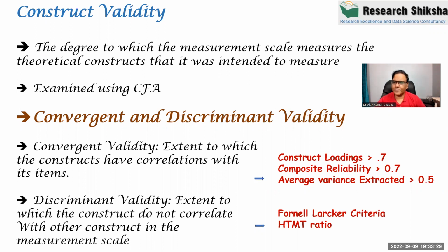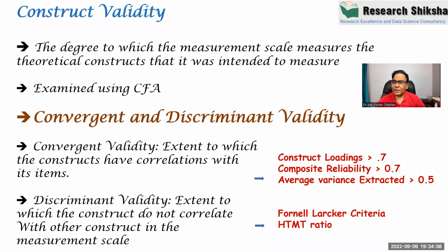So you cannot discriminate. So discriminate means whether your respondent is able to distinguish between construct A and construct B or construct C. So whether the respondents are able to discriminate the different constructs. If yes, then discriminant validity exists. If not, then discriminant validity does not exist. If discriminant validity does not exist, it means for your respondent, all constructs are same and similar.